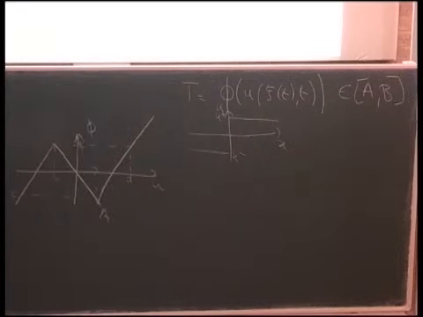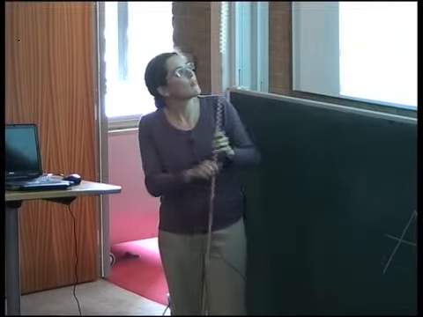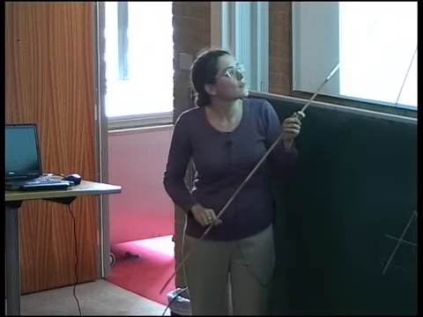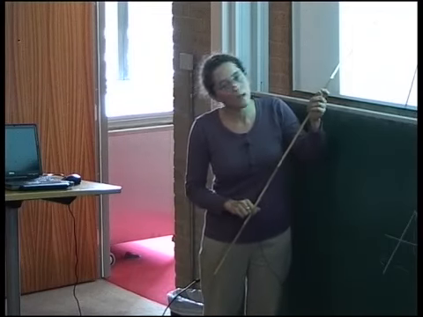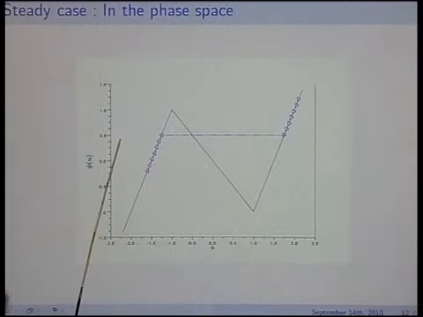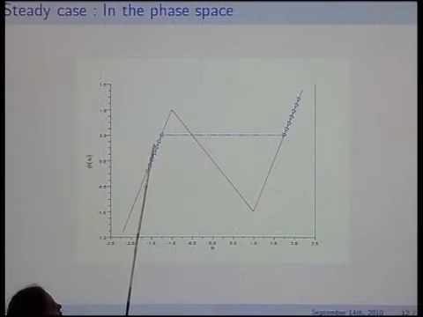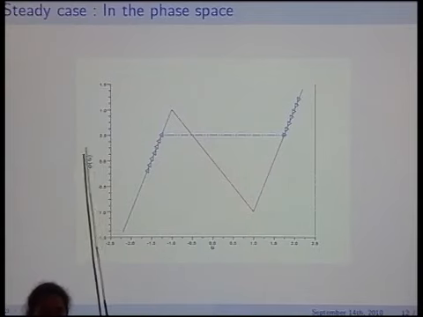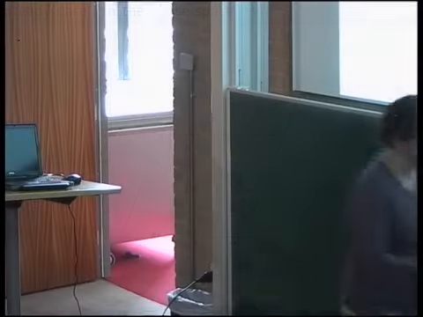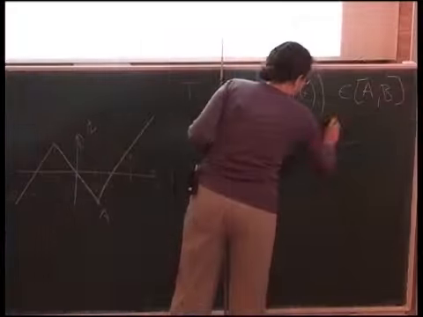With some condition, if u minus and u plus are such that phi of u plus and phi of u minus are within A and B, then they tend to balance at some balance point of phi of u at each point, meaning that the solution will look like this after some time.